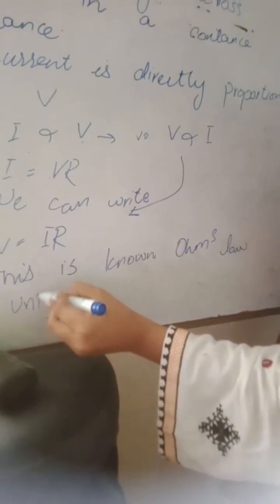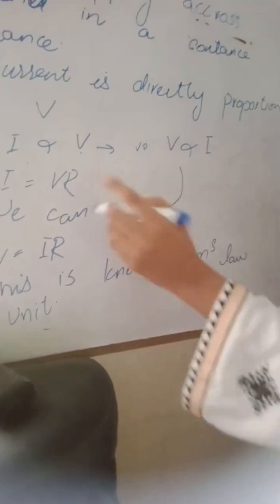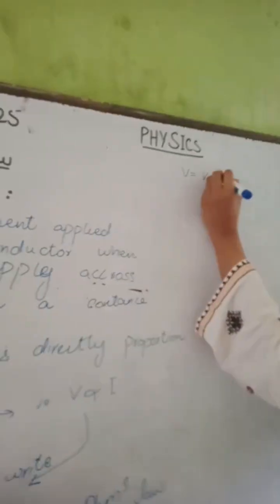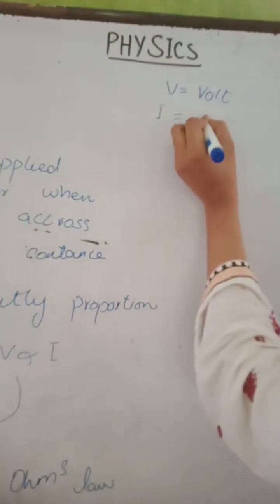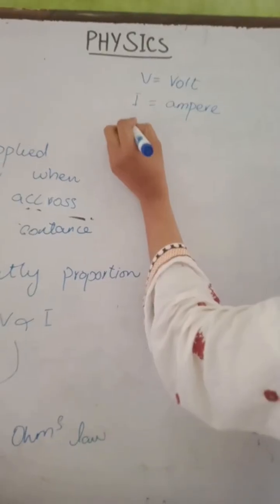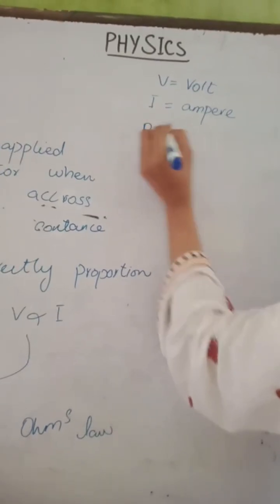Unit. We know that the unit of voltage is volt, and the unit of current is ampere. We can find out the resistance unit.